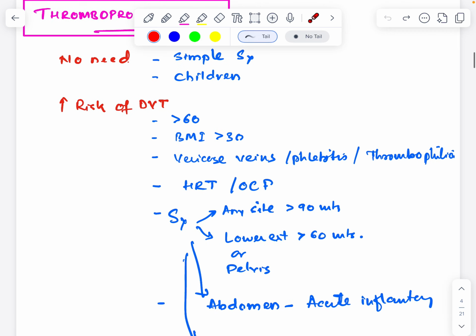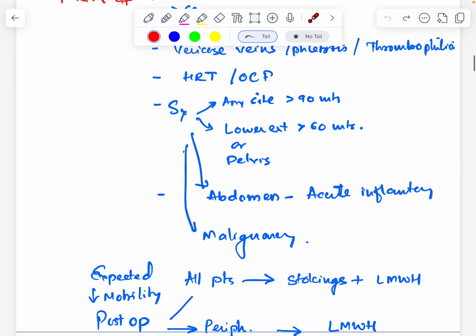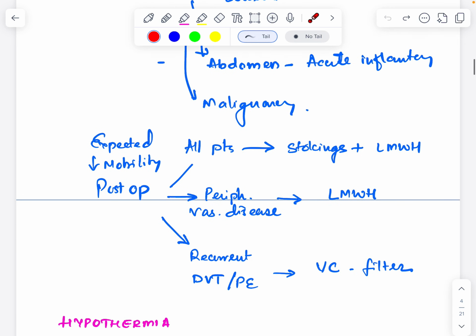Risk of DVT is there: more than 60 years of age, high BMI, varicose veins, phlebitis, thrombophlebitis, hormone replacement therapy, OC pills, any surgery at any site more than 90 minutes, lower extremity more than 60 minutes or pelvis more than 60 minutes, abdomen, inflammatory condition, malignancy. These have high risk, so you need thromboprophylaxis.